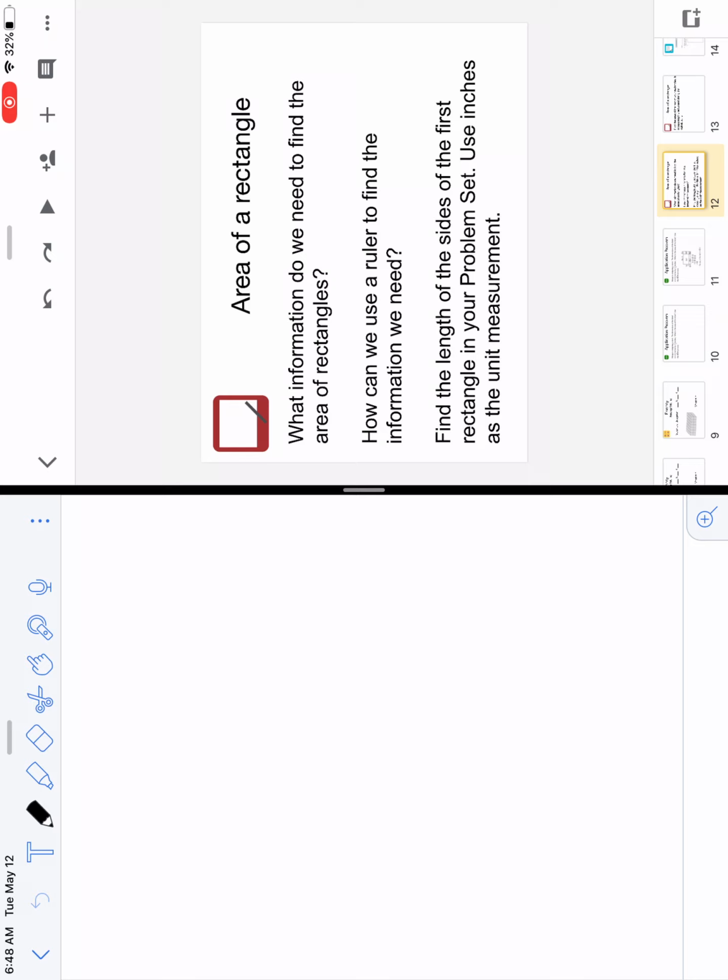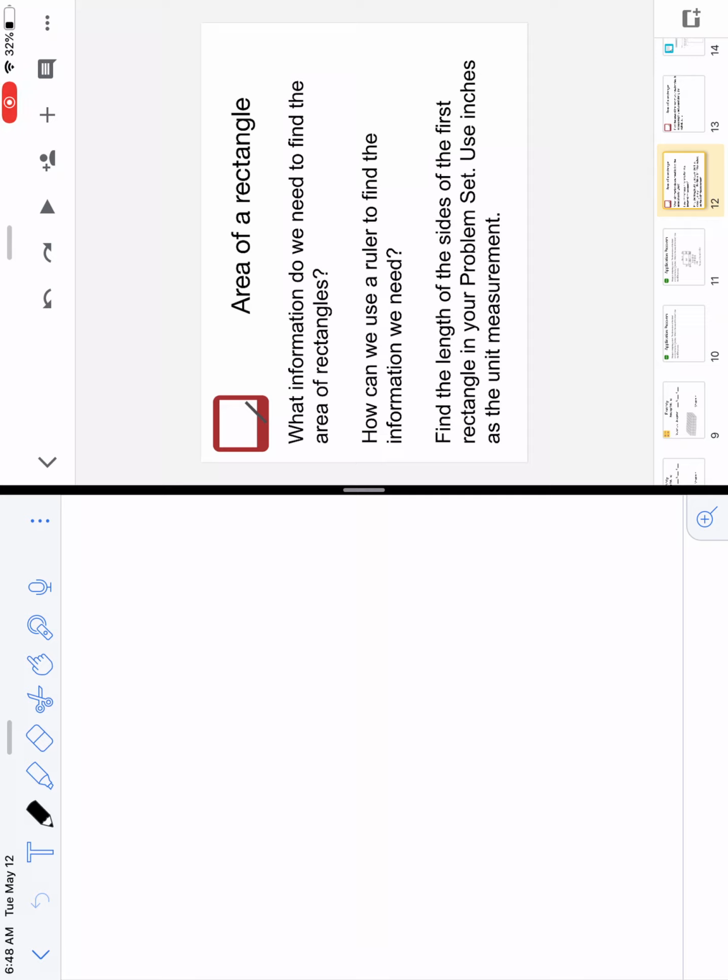So go ahead and open up your problem set. We are on lesson 12 today. And the first problem in your problem set, we are on 1A. So today we are going to use a ruler to help us find the area.